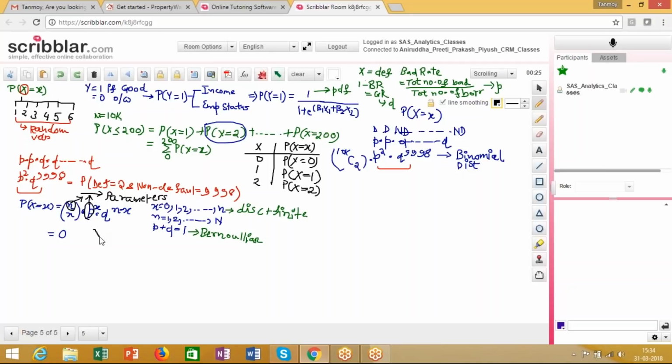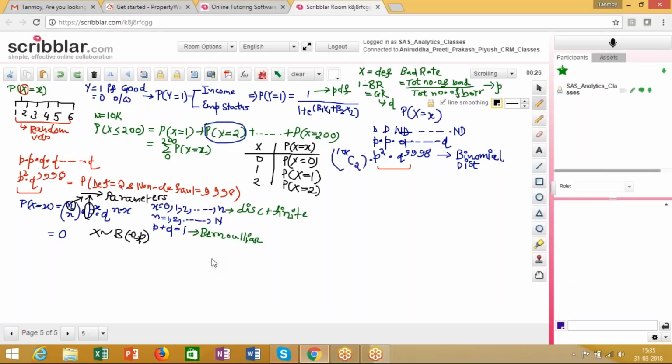So we often say that if the behavior of a variable x has all the characteristics required for setting up a binomial distribution, we say that x follows a binomial distribution with the parameters n and p.